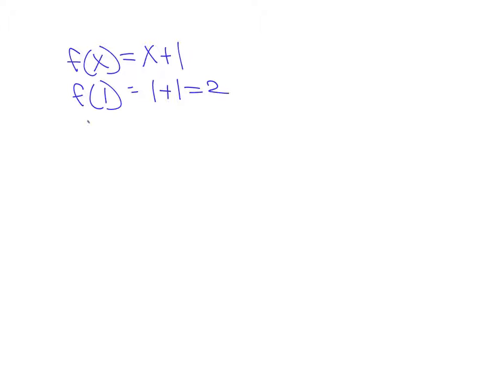If I have the function f of x equals x plus 1, and I say f of 1, then that would be putting a 1 in for x. F of 2 would be putting 2 in for x, etc. Okay, so let's put a few in here.